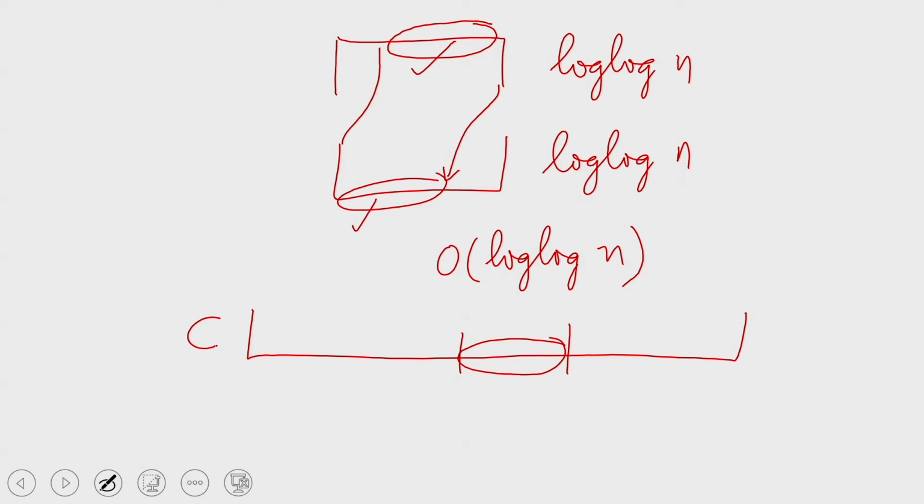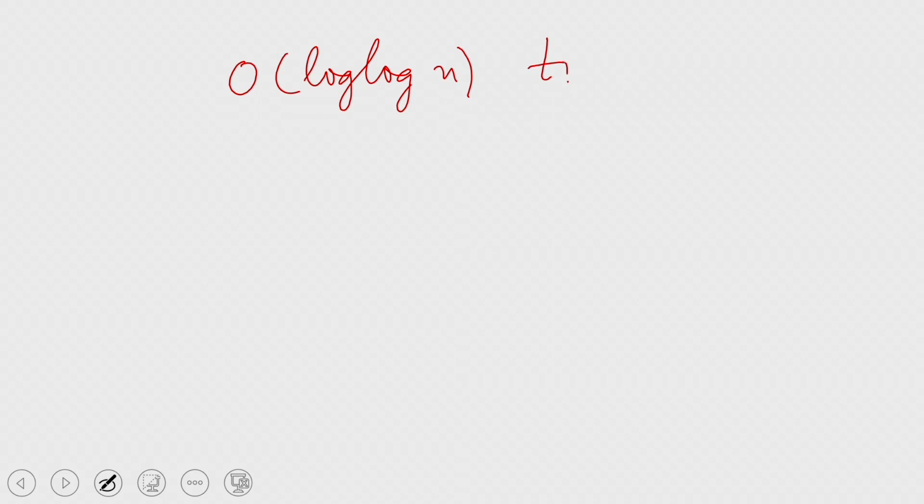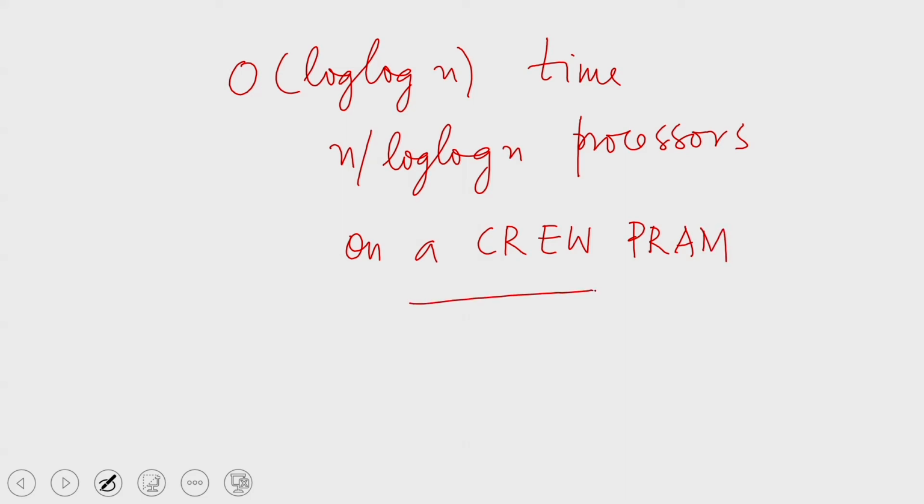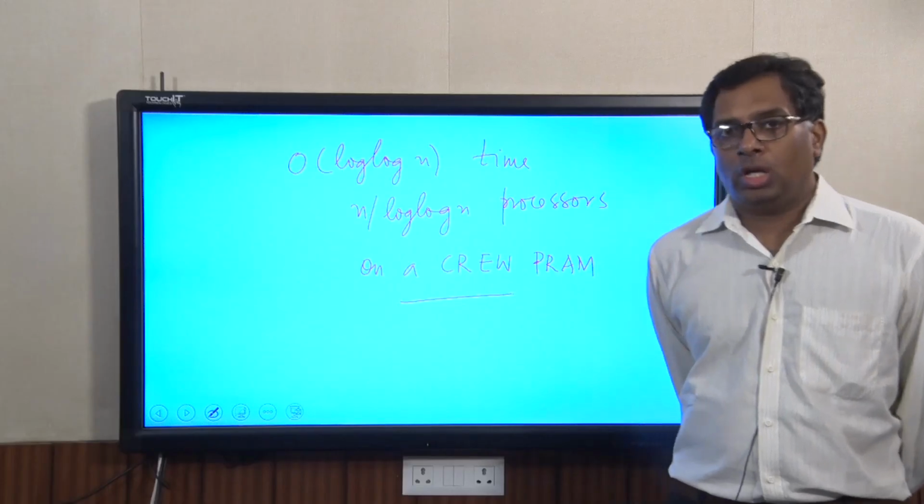Therefore, what we find is that we can merge two arrays of size n and m respectively, where n is greater than m, in order of log log n time using n by log log n processors on a CREW PRAM. This is a significant improvement over the algorithms that we saw in the 8th lecture.